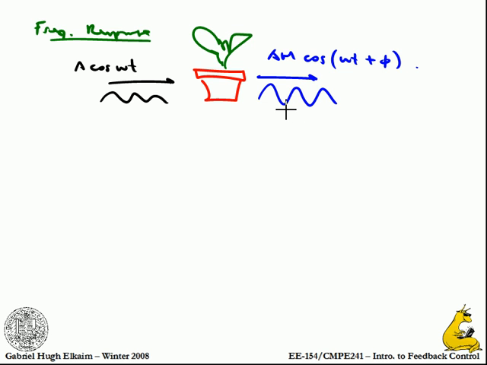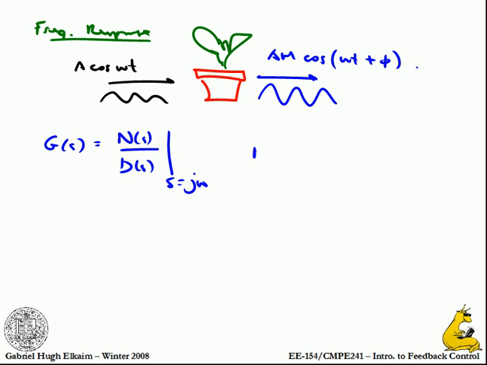Now, if you remember this, essentially, I had G of s, in this case, equal to some numerator of s over denominator of s, evaluated at s equals j omega. Right?